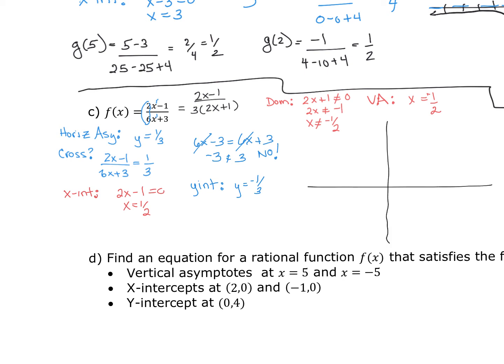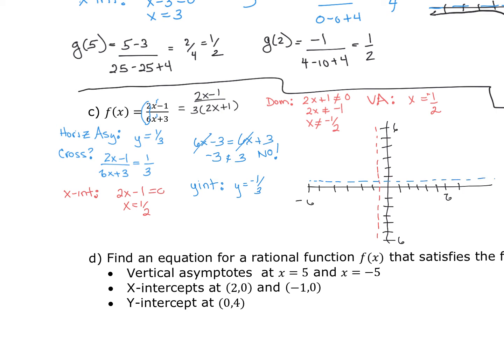So let me draw this scale. So we know we have a vertical asymptote at -1/2. So I will draw that here. I know that I have a horizontal asymptote at +1/3. So I will draw that here.